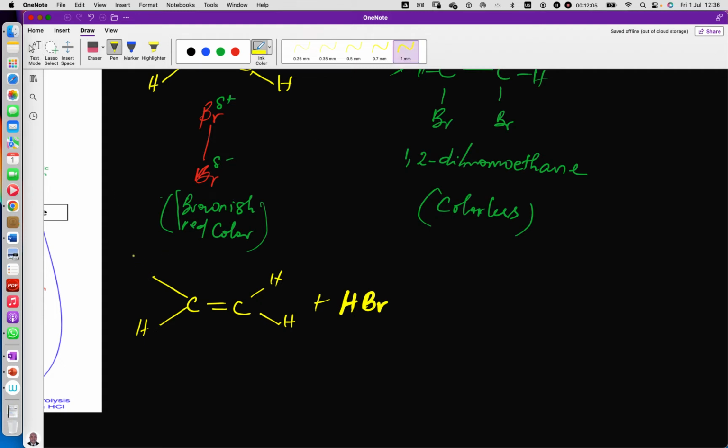An unsymmetrical alkene like this one here, a CH3, a CH3.